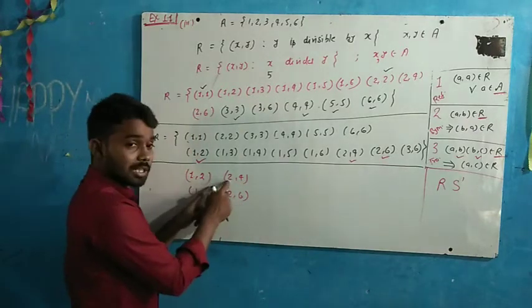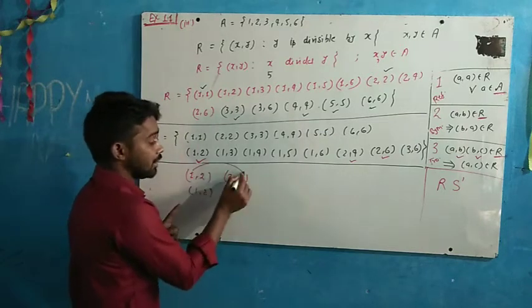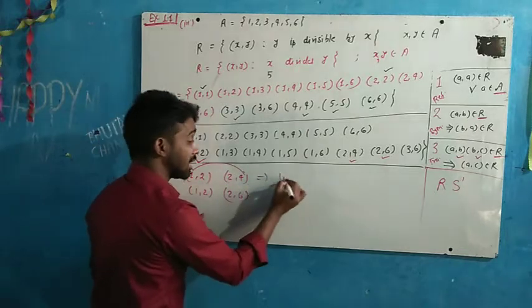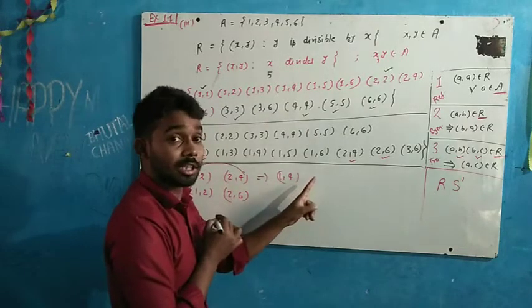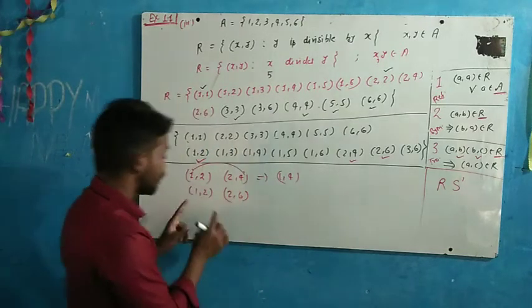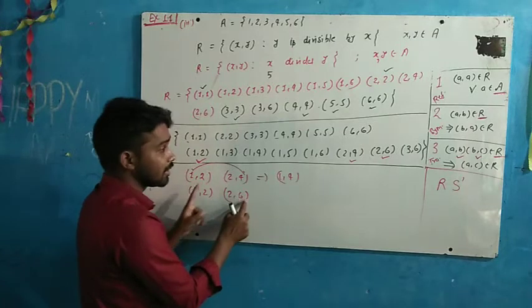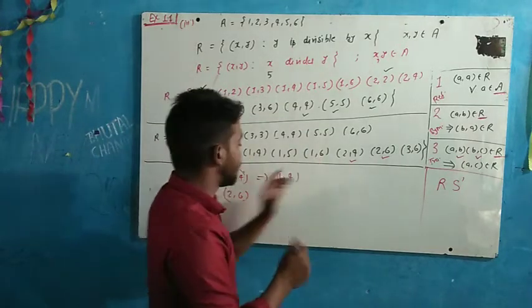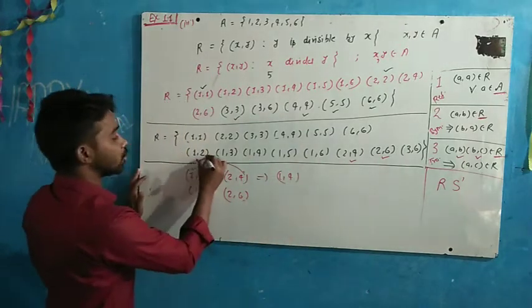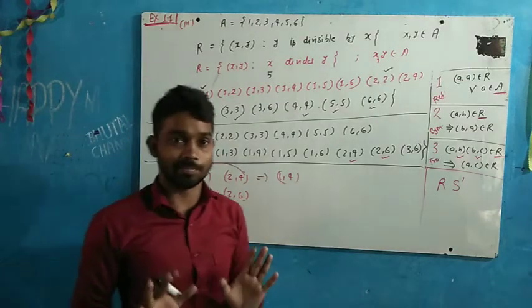What should be present? 1, the first, should be connected with the third: (1,4). This implies that (1,4) should be present in relation R. Just check. Yes, (1,4) is present. So go for the next: (1,2), (2,6). The 2s cancel, so (1,6) should be present. Check. (1,6) is also present. It means for this (1,2), up to this step, it follows the transitivity condition.